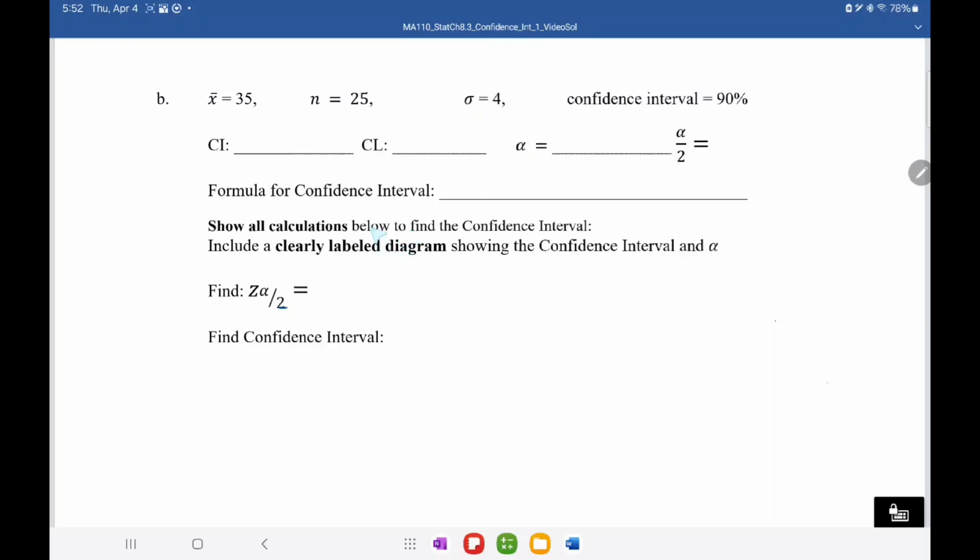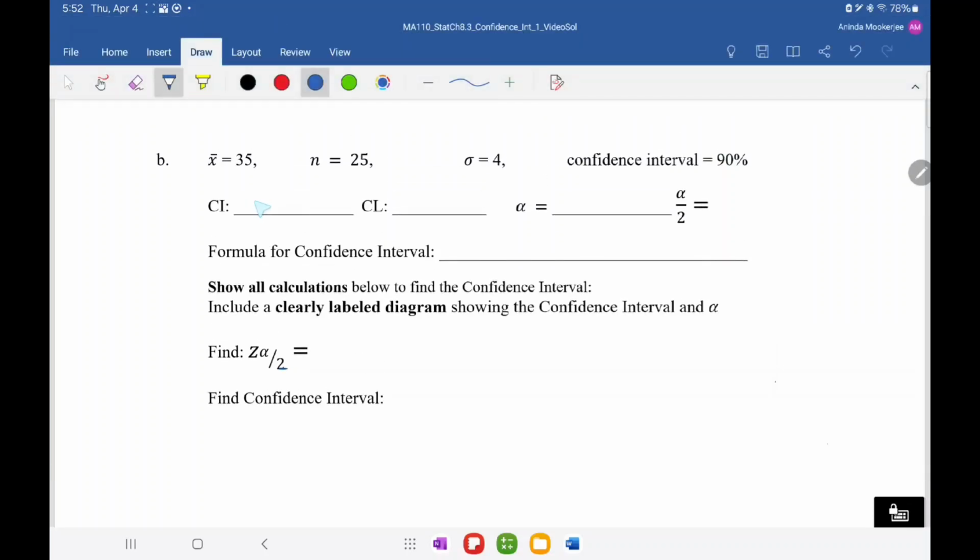All right. So over here, it says, what is the confidence interval, CI? So that's 90%. Let's write that down. Okay, so CI is going to be 90%. CL is the confidence level, which is derived from the percentage value. So just find the decimal of 90%, which is going to be 0.90, right?